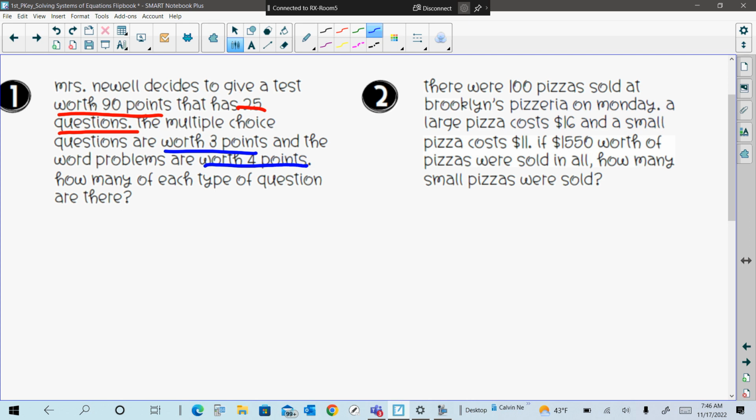So if I'm talking about worth points, I'm going to let x represent the 3-point question and y represent the 4-point question.